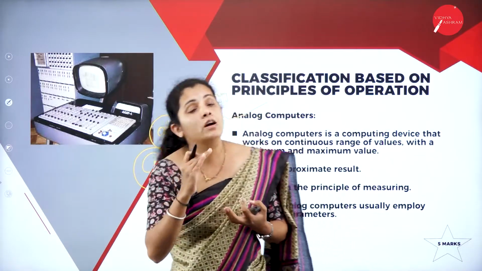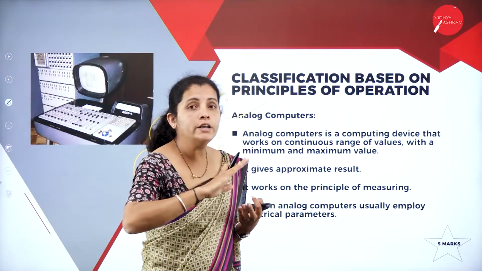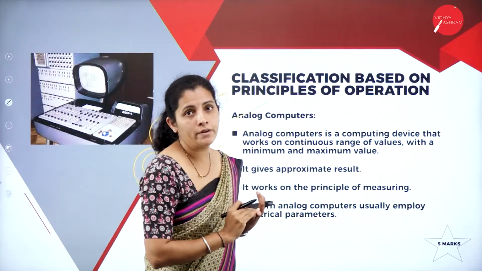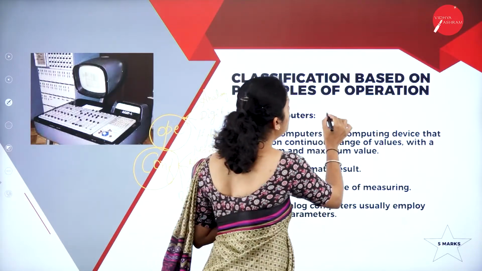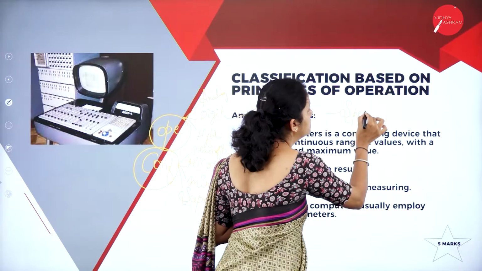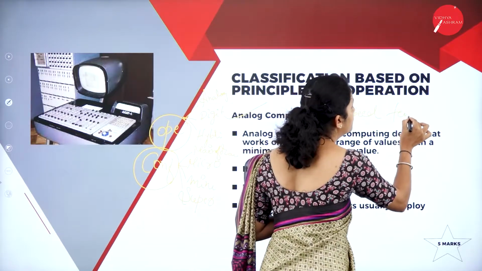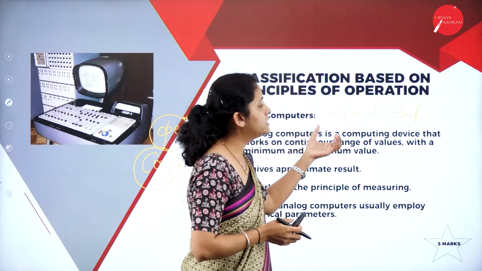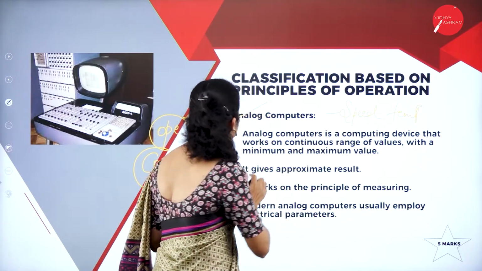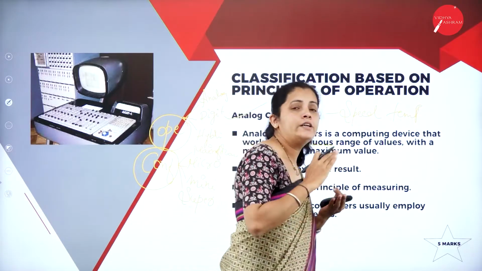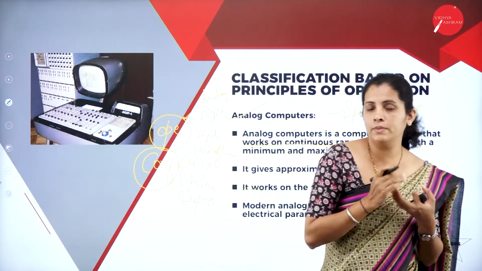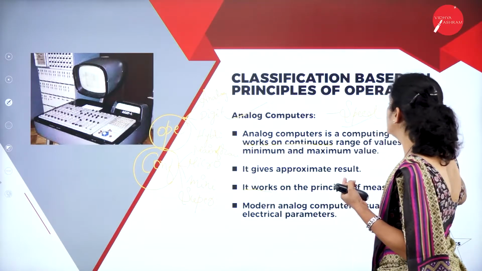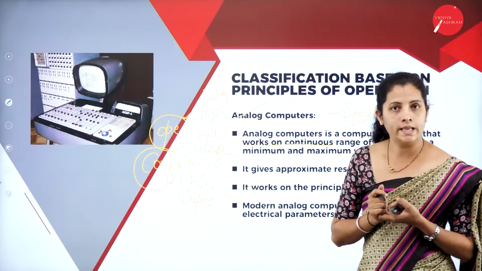Here the analog computer is nothing but continuously varying values, like speed, temperature, etc. So the analog computer is a computing device that works on continuous ranging values, that is continuous values mainly based on speed, temperature, volume, etc.